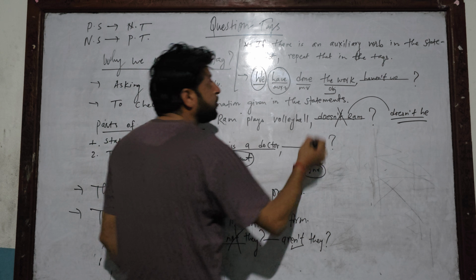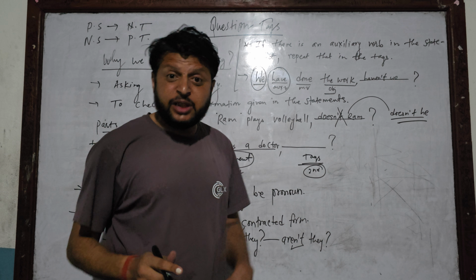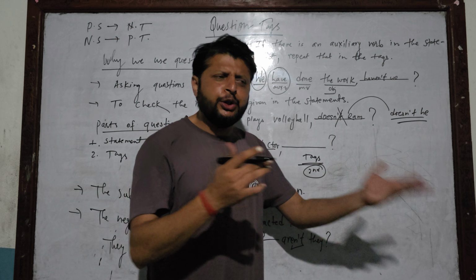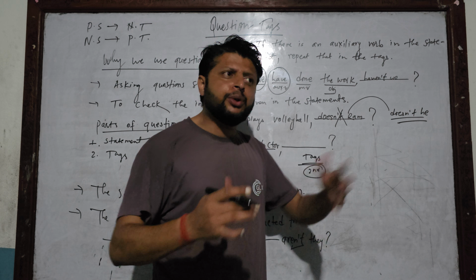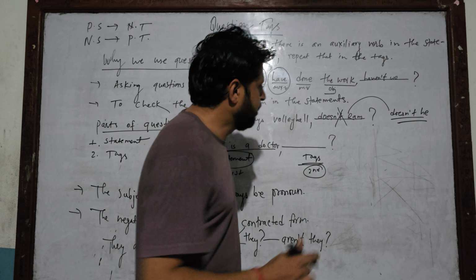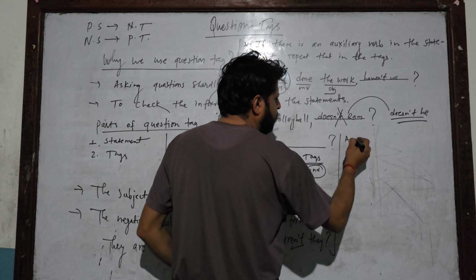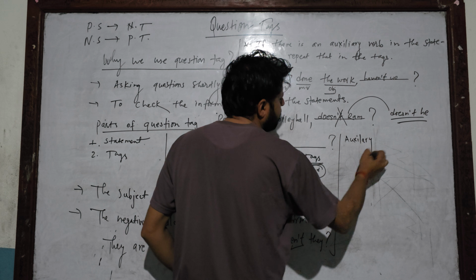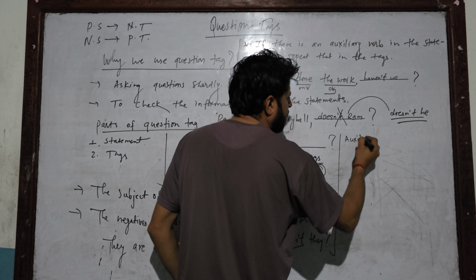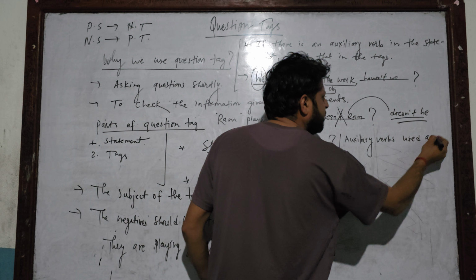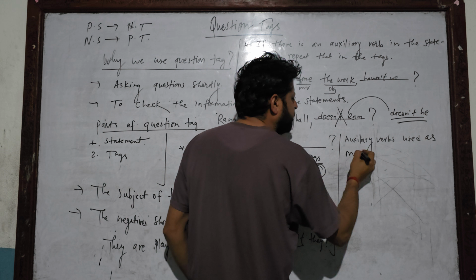But look at here. If there comes an auxiliary verb not used as an auxiliary verb, but used as a main verb. So see here, auxiliary verbs used as main verbs.